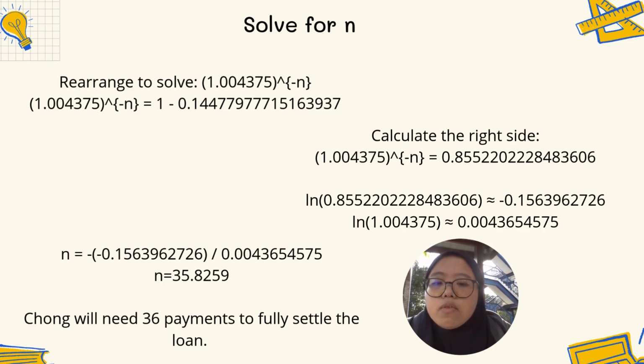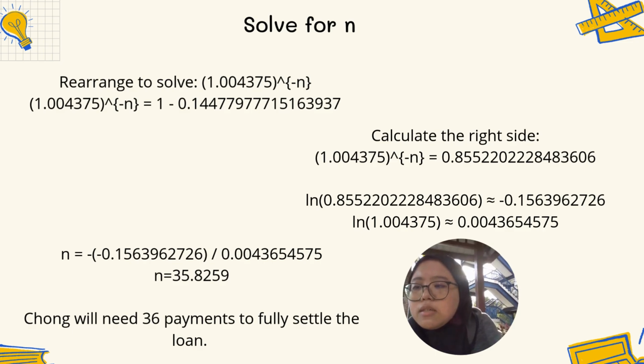Next, we have to use the logarithm: ln of in bracket 0.85522022284837 closing bracket equals negative 0.153. Next, ln in bracket 1.004375 closing bracket equals 0.0043654575.